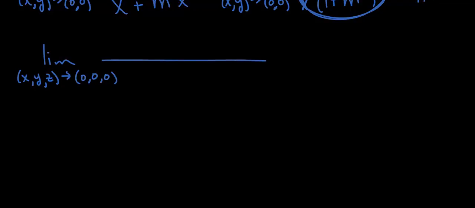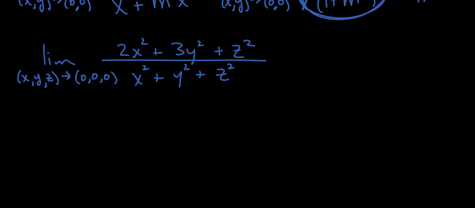And let's suppose that we have 2x squared plus 3y squared plus z squared. And down here maybe we have x squared plus y squared plus z squared. Now, of course, if you try to plug in 0, 0, 0, you get 0 over 0.